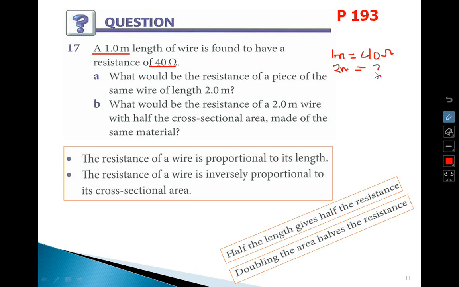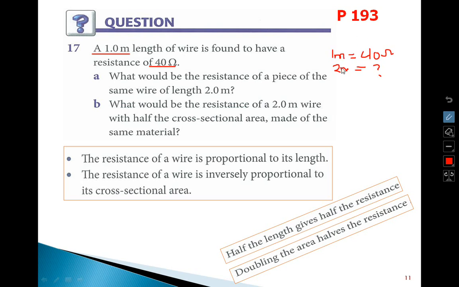As we said in the previous class, the resistance of a wire is proportional to what? To its length. We have said before that half the length gives half resistance.